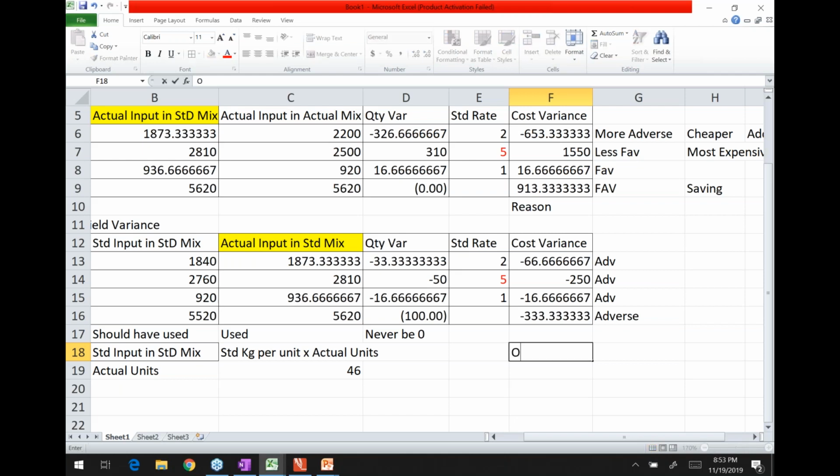One is favorable, one is adverse, and the reason should be the same.